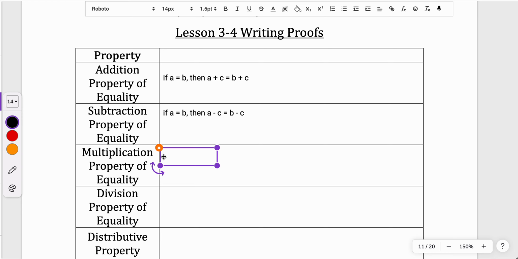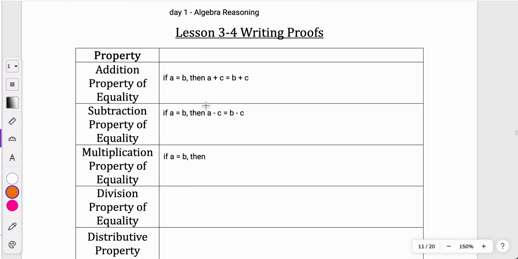The multiplication property of equality, if A equals B, then I'm going to actually write this one down using my stylus here. If A equals B, then A times C could be equal to B times C. So that means we can multiply both sides by C and it would still represent a balanced equation.